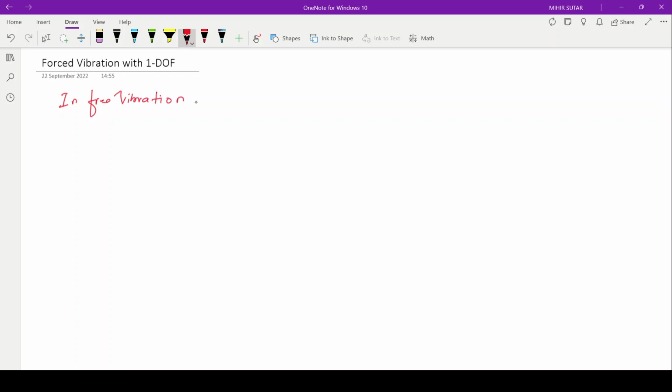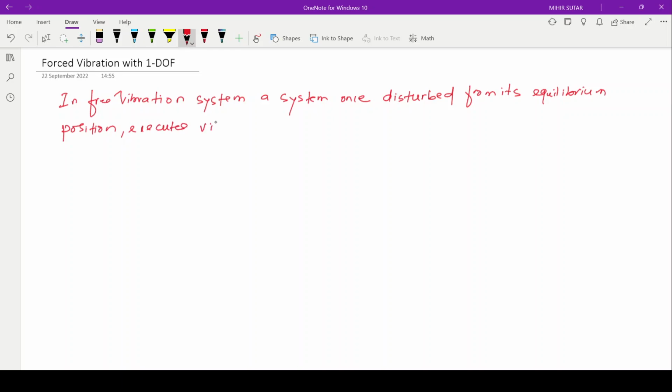In free vibration, a system once disturbed from its equilibrium position executes vibration because of its own elastic property.